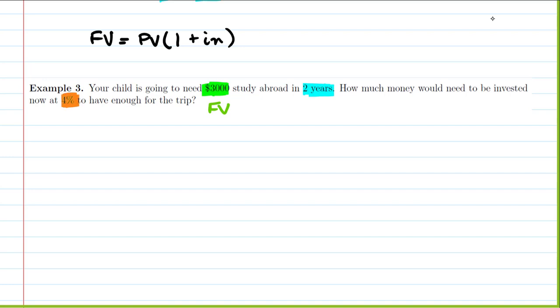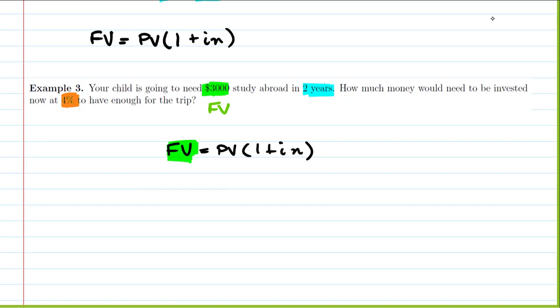for us to be able to have $3,000 in 2 years if we invested at 4%. So using our formula, we have our future value is equal to our present value times 1 plus I times n. So the future value that we're looking for is 3,000. We know that we're going to want that in 2 years.